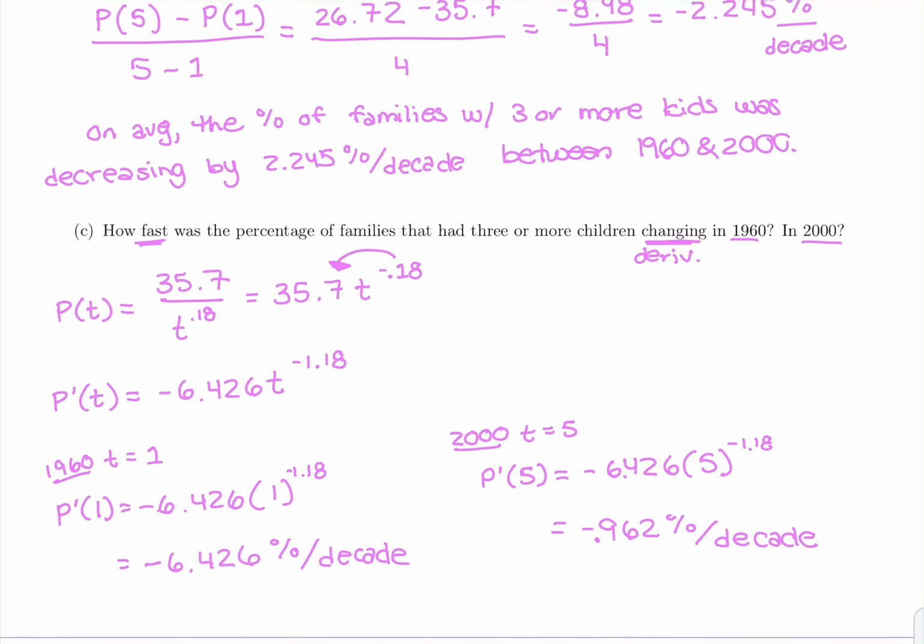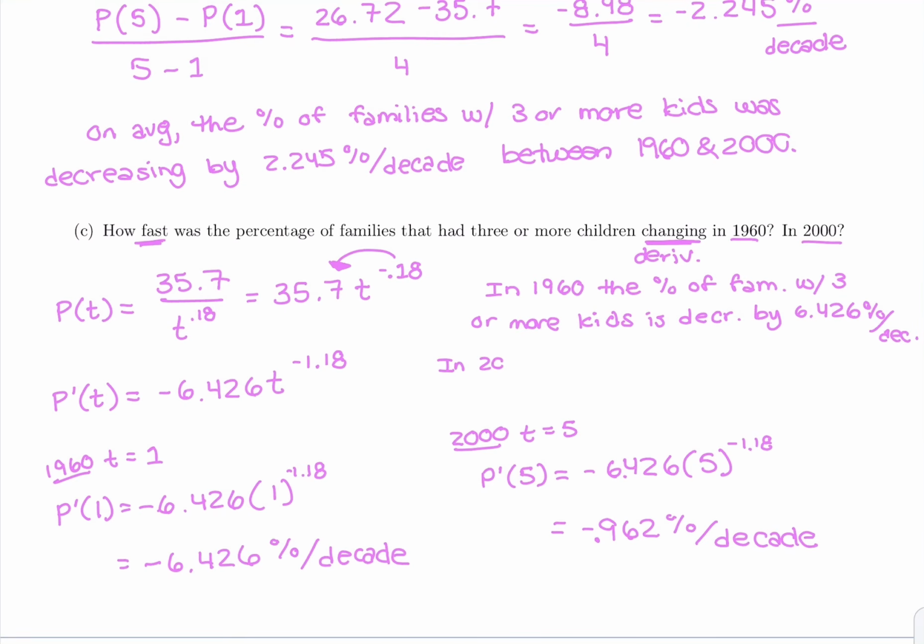So if we had to interpret this, in 1960, the percent of families with 3 or more kids is doing what? That derivative, that slope at an instant is negative, was decreasing by 6.426% per decade.